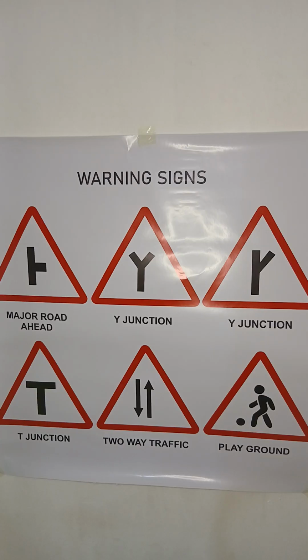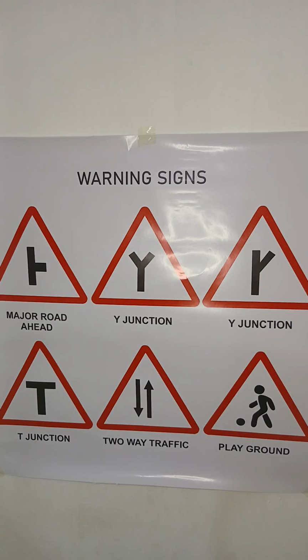When we come to the second line, first on the second line is T junction. When you see this sign, it means that you are about to reach a place where the road is going to end. And now there is no way to go straight again. You have to decide whether you want to go to your left or to your right.